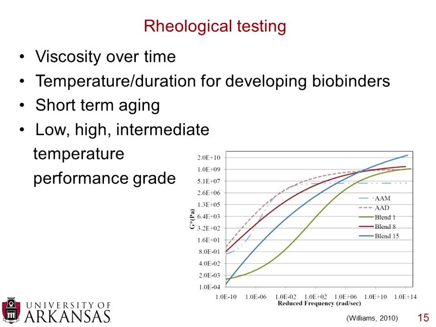They looked at short-term aging characteristics, and then they looked at low, high, and intermediate temperature performance grades. So how these materials perform in the PG system at low, high, and intermediate temperatures. And you can see here is a graph of G-star for the complex modulus versus reduced frequency, the master curves.